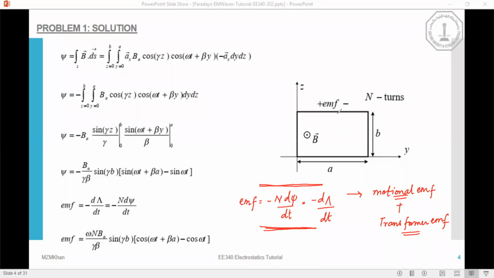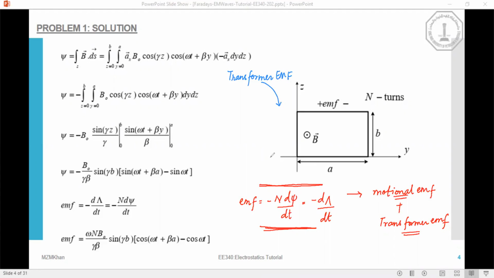By the way, what type of EMF is this circuit generating? You have a time varying magnetic field and your coil is stationary, placed in a time varying magnetic field. So the type of EMF that you will get is a transformer EMF.